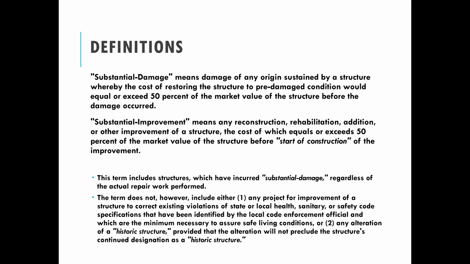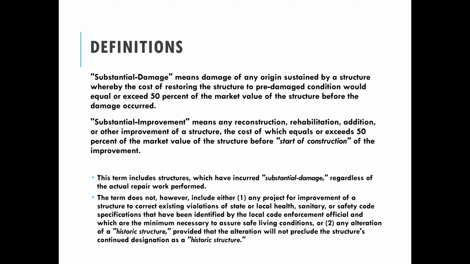So some communities do have that, so it will depend on what your ordinance says. And so it includes structures which have incurred substantial damage regardless of the actual repair work performed. So sometimes a homeowner will decide not to repair all of the damage. We're still counting whatever the cost would be, whether or not they actually do those repairs.